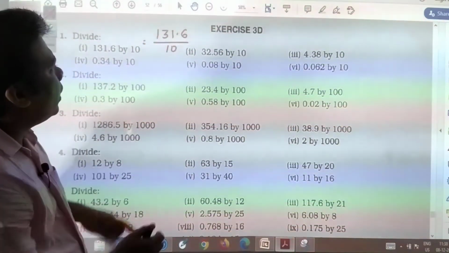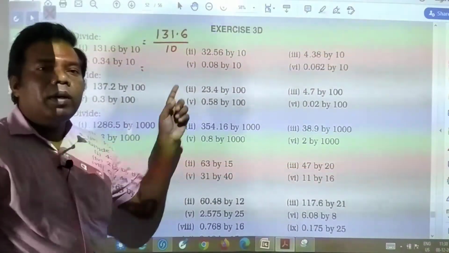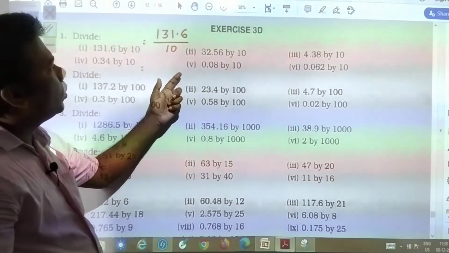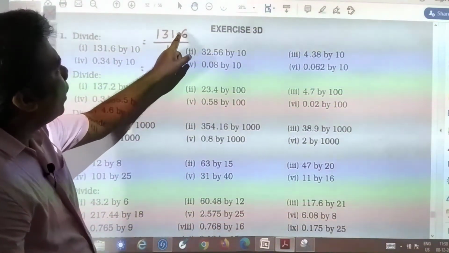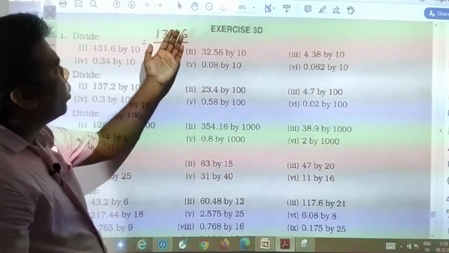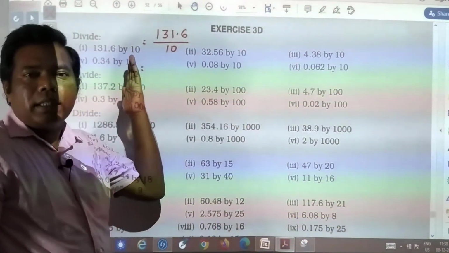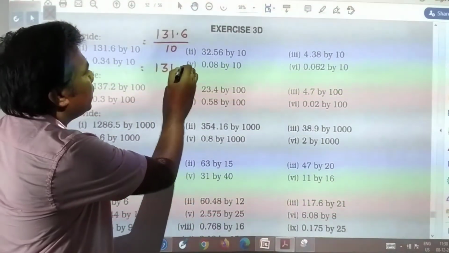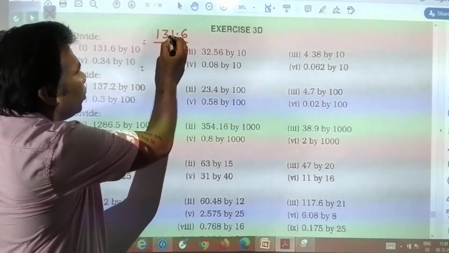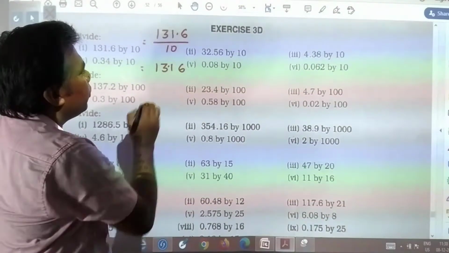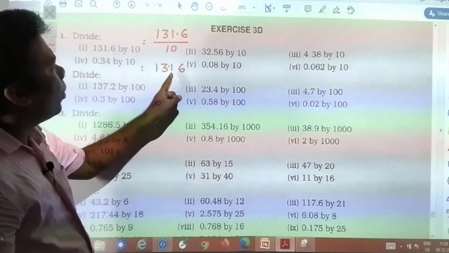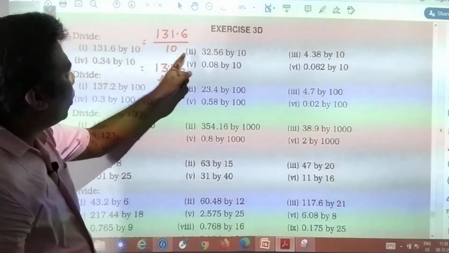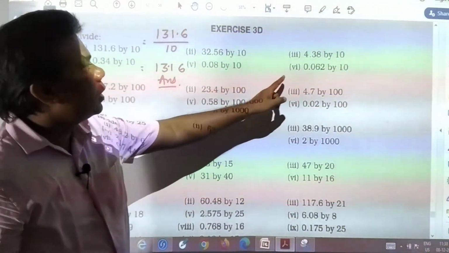If you remember, if you are dividing by 10, 100 or 1000, what you need to do: if you are dividing by 10, the decimal point will move one place to the left side. That's it, that much only you need to do. So the number you write, 1316, the point will move to here, so your answer will be 13.16. This will be your answer. In this way all the questions are required to be solved.